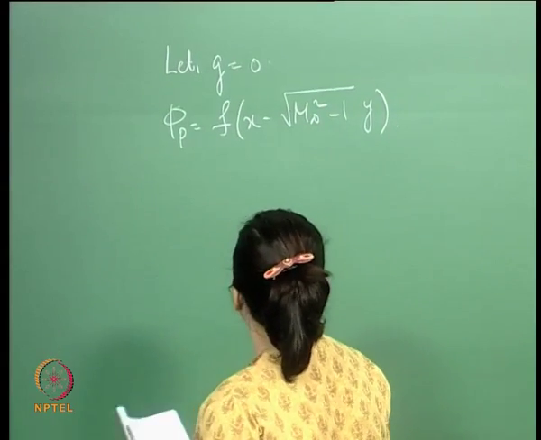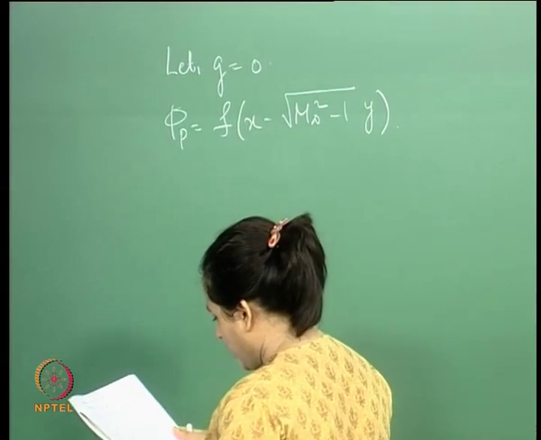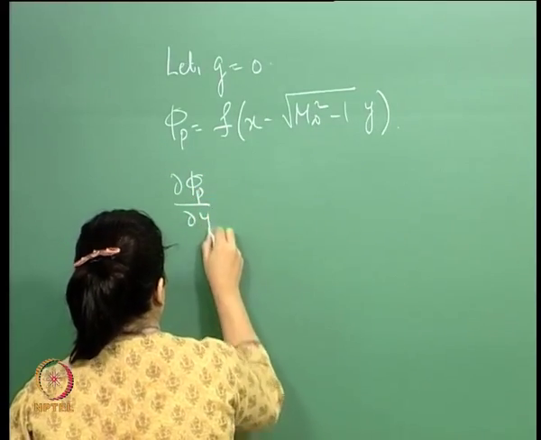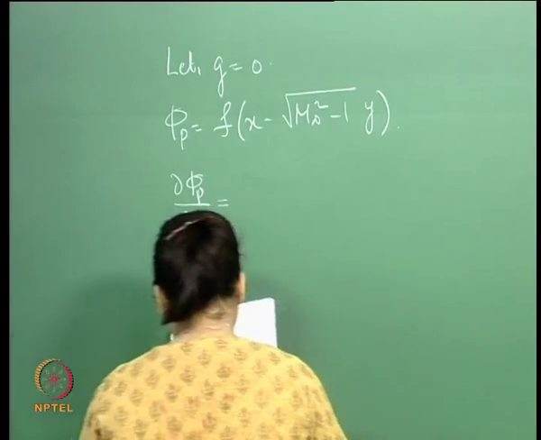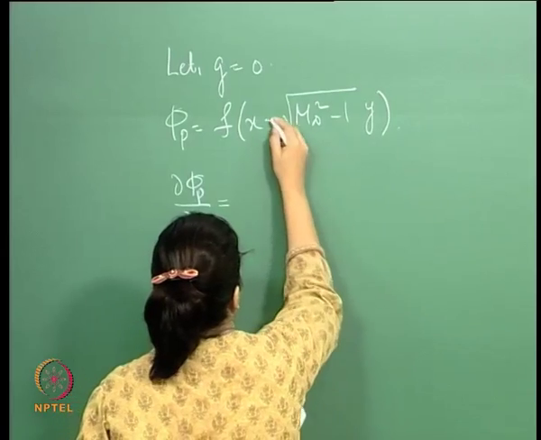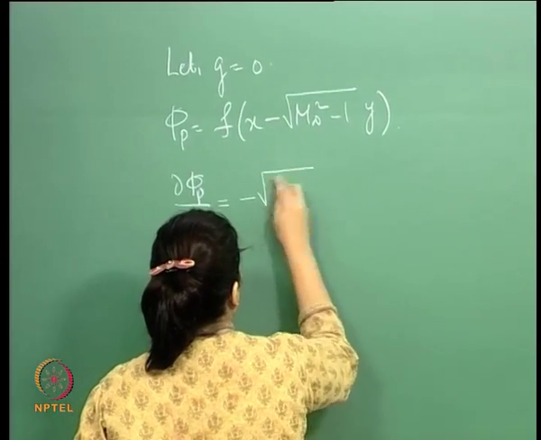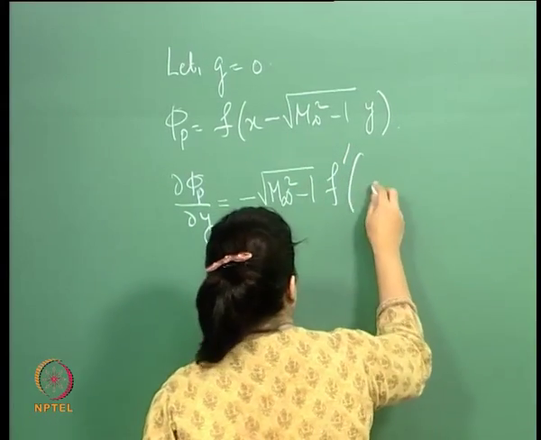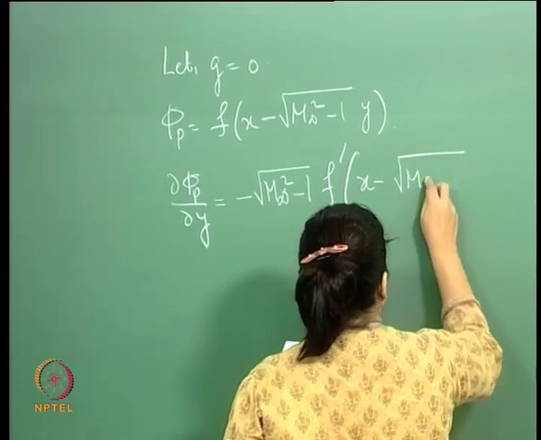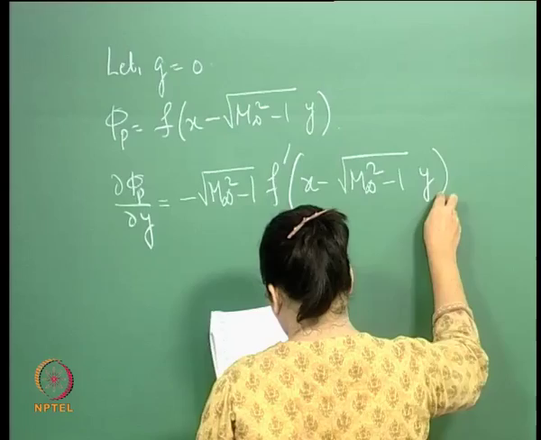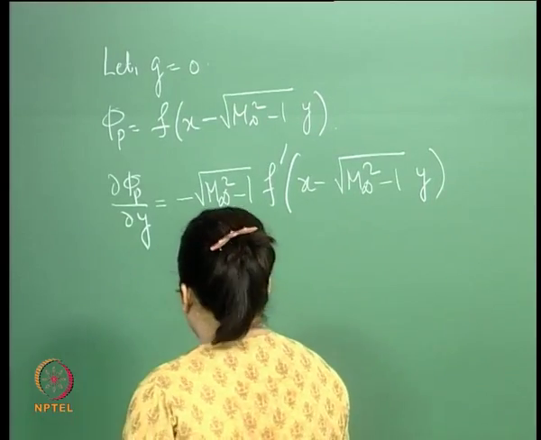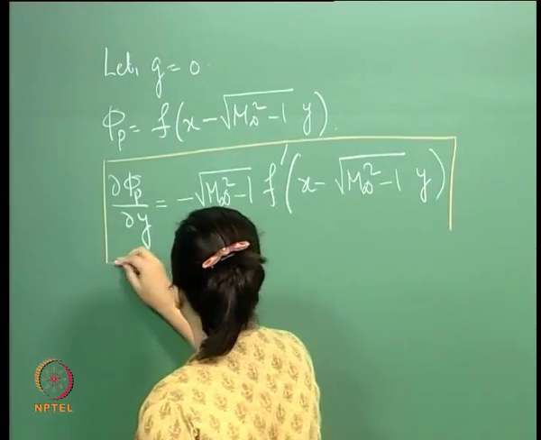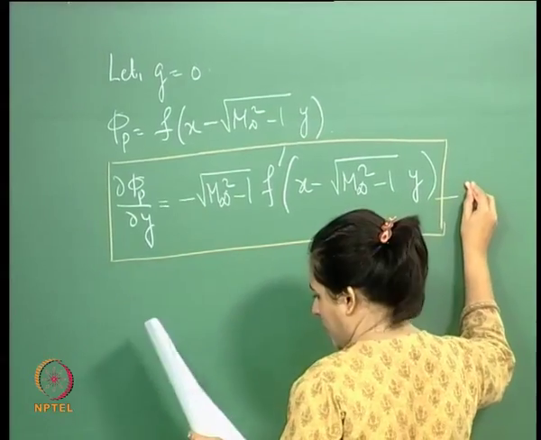So this is my velocity potential equation now. So therefore, del phi p del y is, let us call this one.